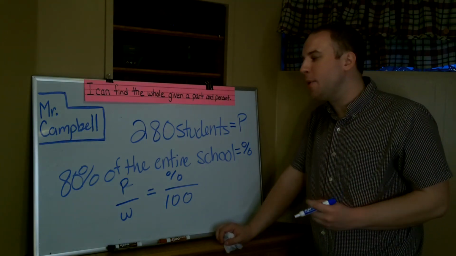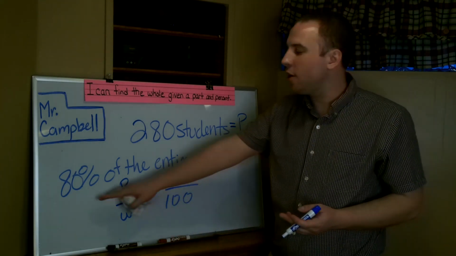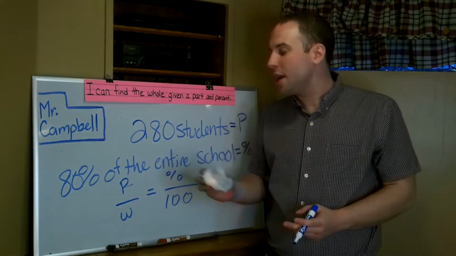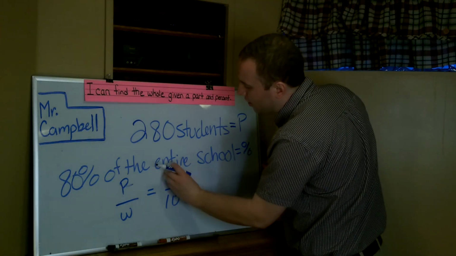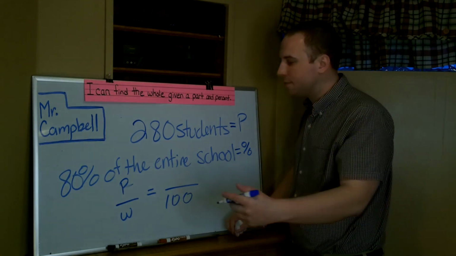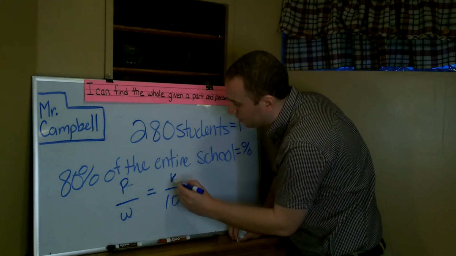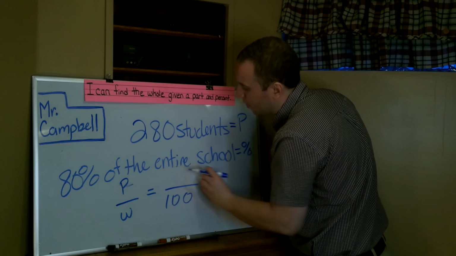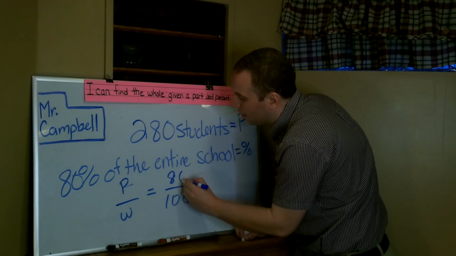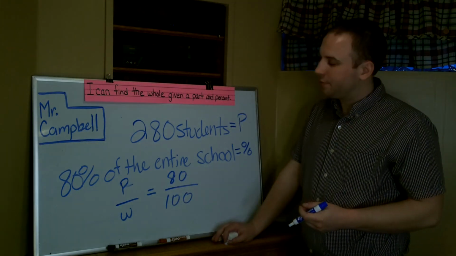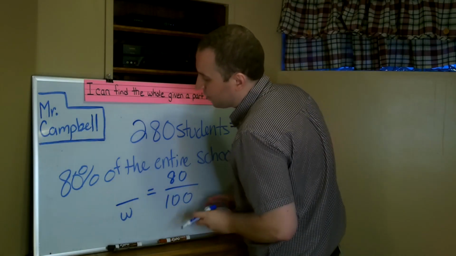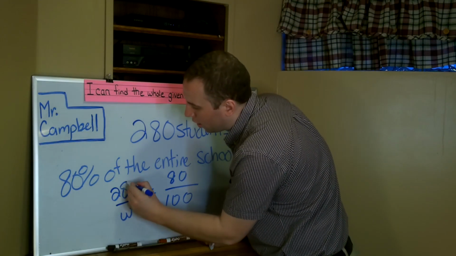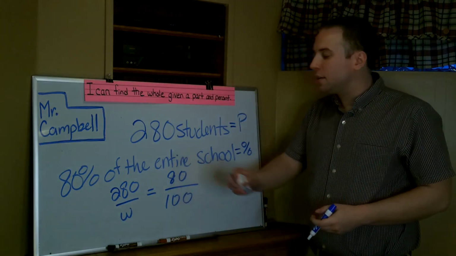Like we've talked about previously, when converting your percentage into a decimal and then into a fraction, we can convert 80% into 80 over 100. And part being 280 on top.